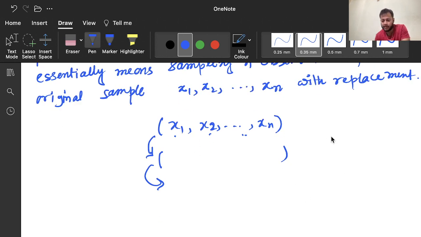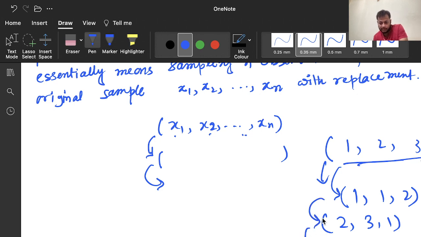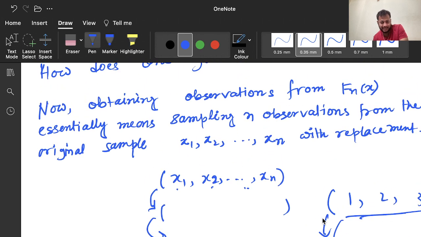Suppose from 1 2 3 he generates one as 1 1 2, another as 2 3 1, another as 2 3 3. That way from the original sample you generate randomly different sets of vectors, so you will generate m observations.